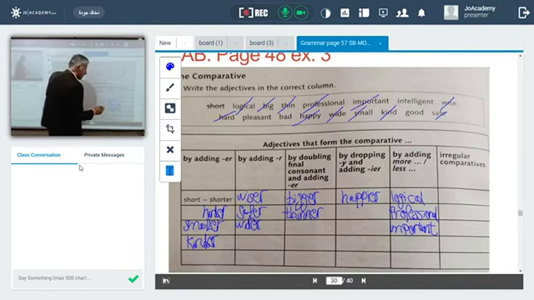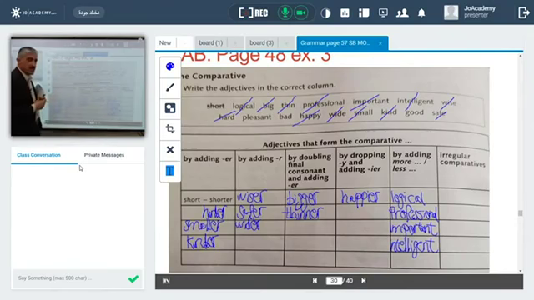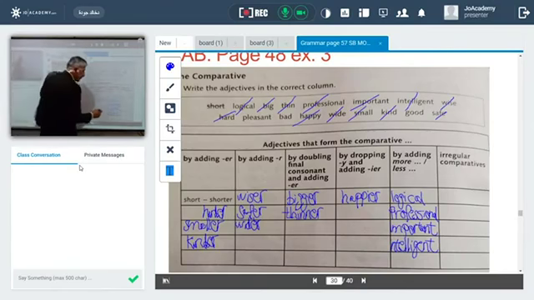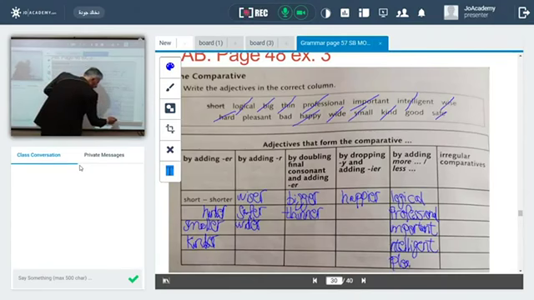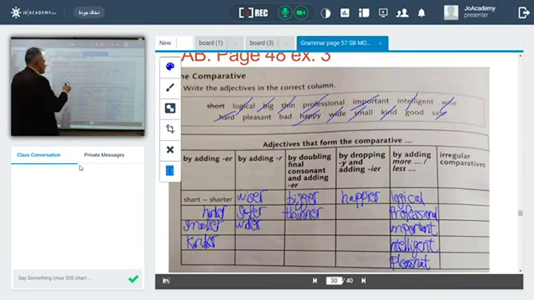Intelligent also. Okay, intelligent, also I'll take it out. What else? Also, the last one is pleasant. Pleasant.